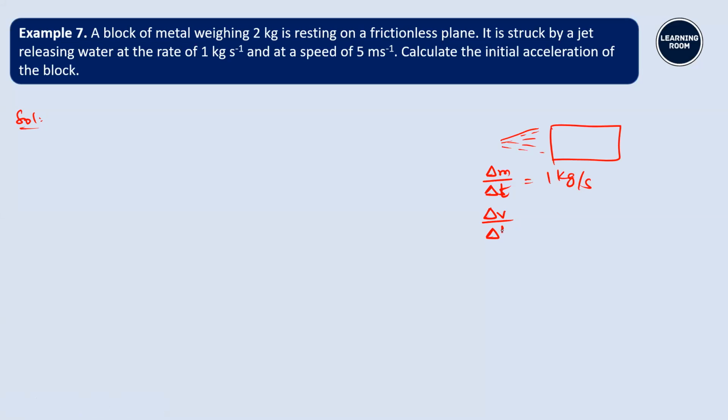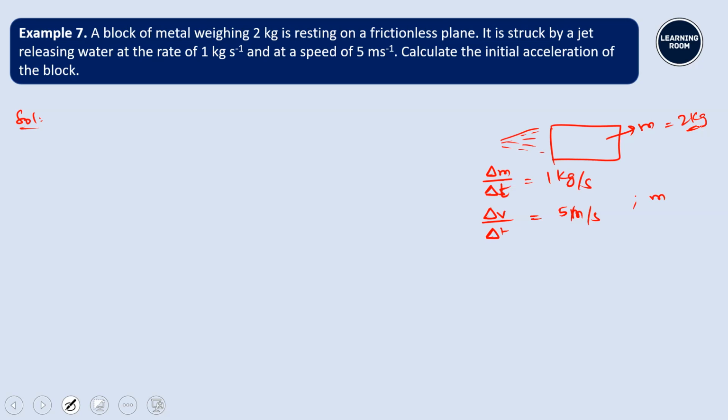And delta V by delta T, I'll write it as 5 meters per second. Right? And what is the mass of it? The mass of the metal block is how much? Right? Proceed.